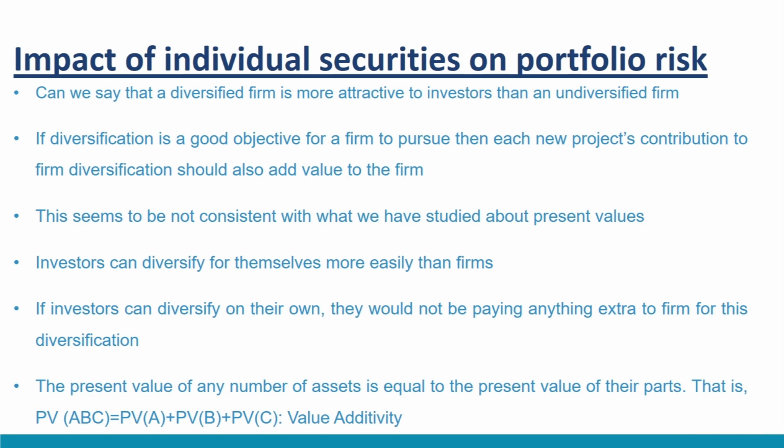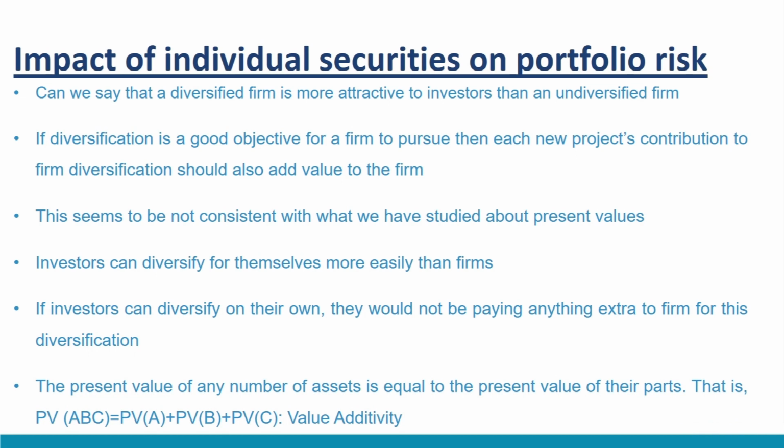That is, the sum of the different assets' or projects' cash flows is the same whether taken together or separately, which means investors do not give any additional value to a firm if it obtains diversification with the help of adding more projects.